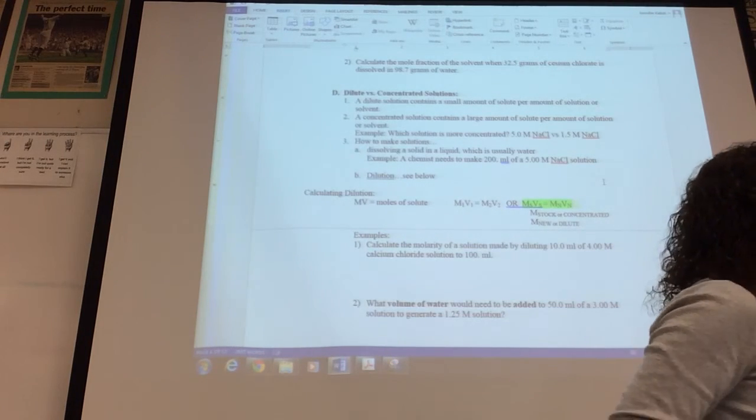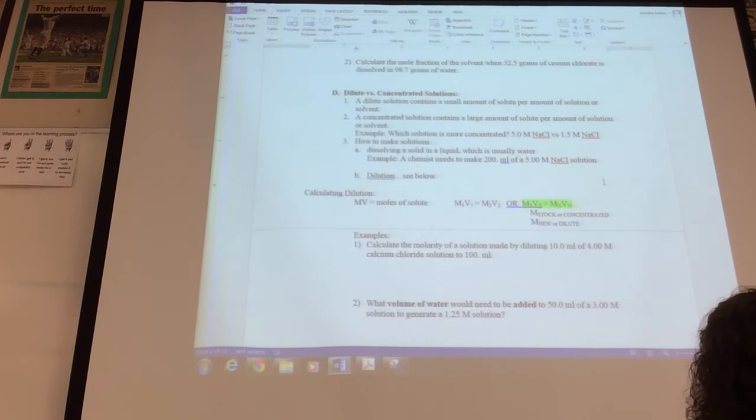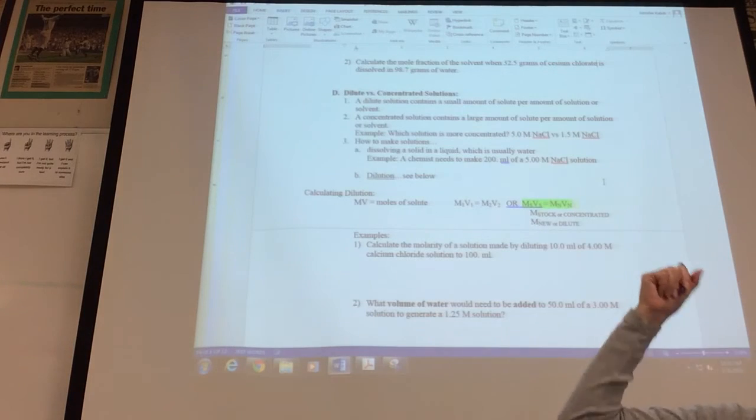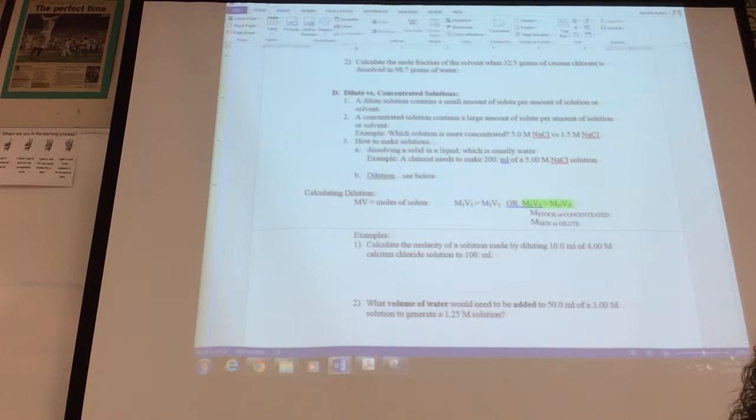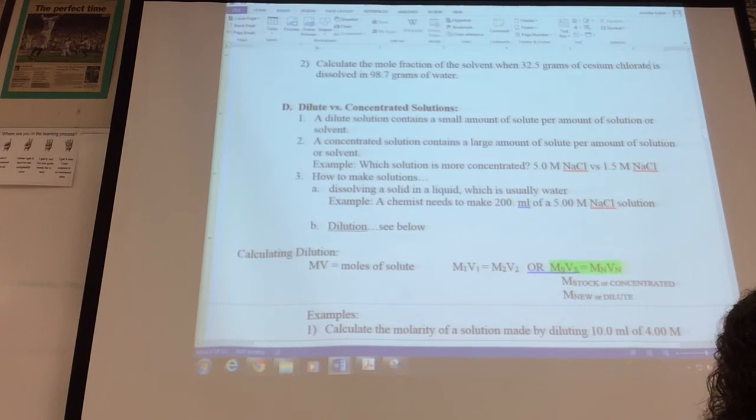Cesium chloride. And I asked for the solvent, so you got to put the solvent in the numerator. Say it again. Cesium chloride. It's on the screen. Is it too small? Is that better?